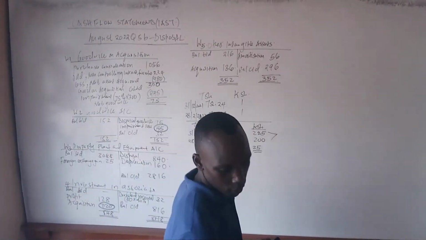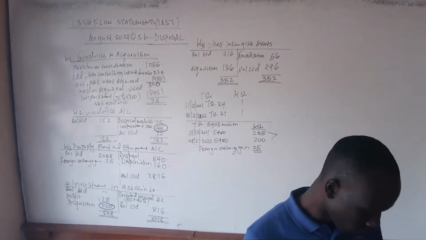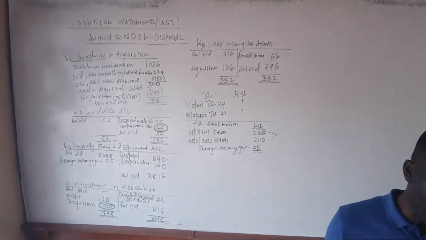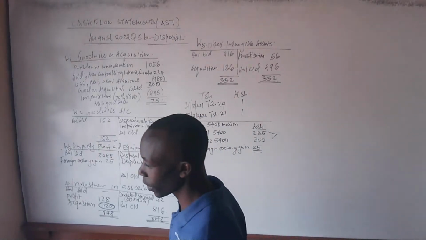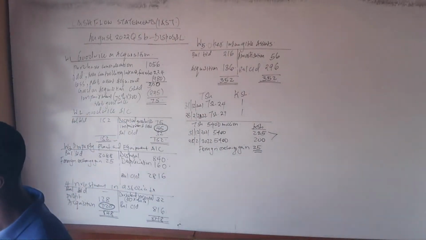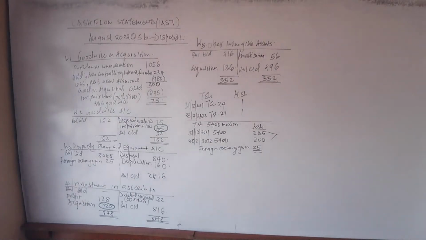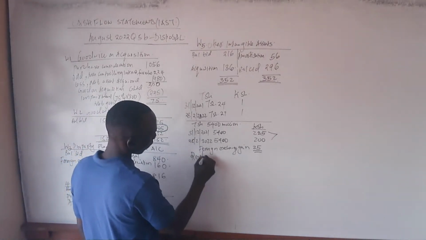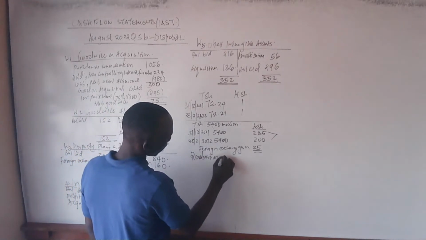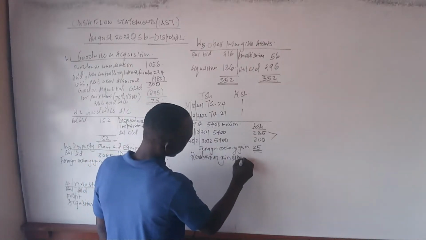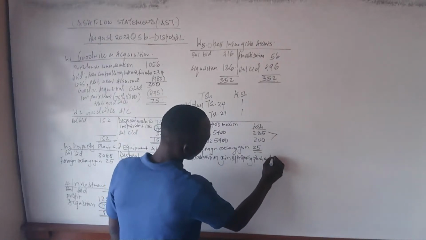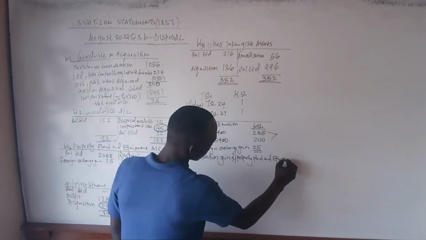What else? Did we have a revaluation so that we can close our account? Go to other comprehensive income. Are you there? We had the revaluation gain of property, plant, and equipment.